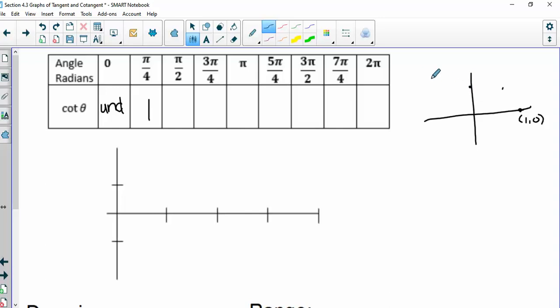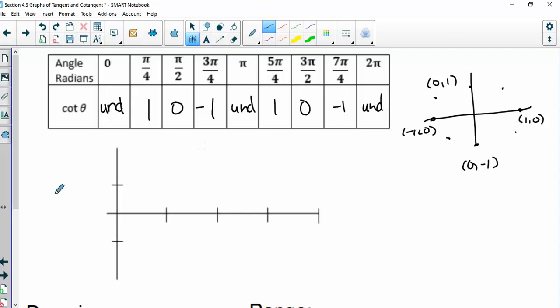Pi over 2, x over y, 0 over 1 is 0. 3 pi over 4 is -1. At pi, 5 pi over 4, 3 pi over 2 is 0. 7 pi over 4 is 1, and 2 pi, we're back to, let's figure out what this is.